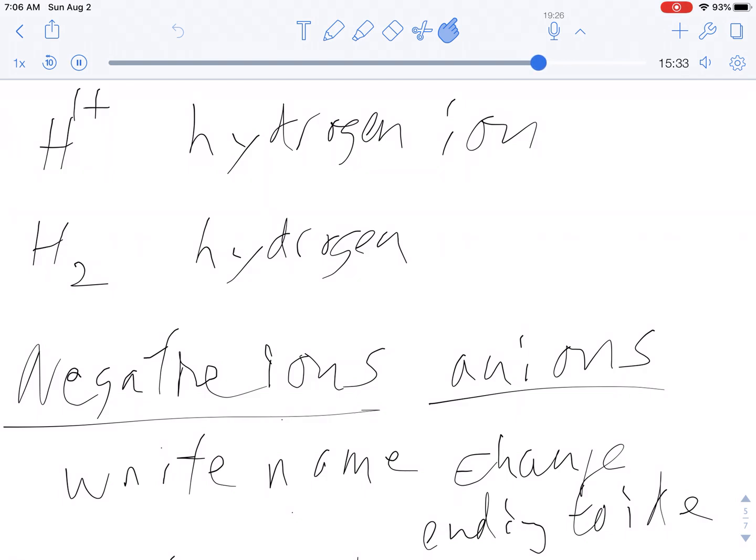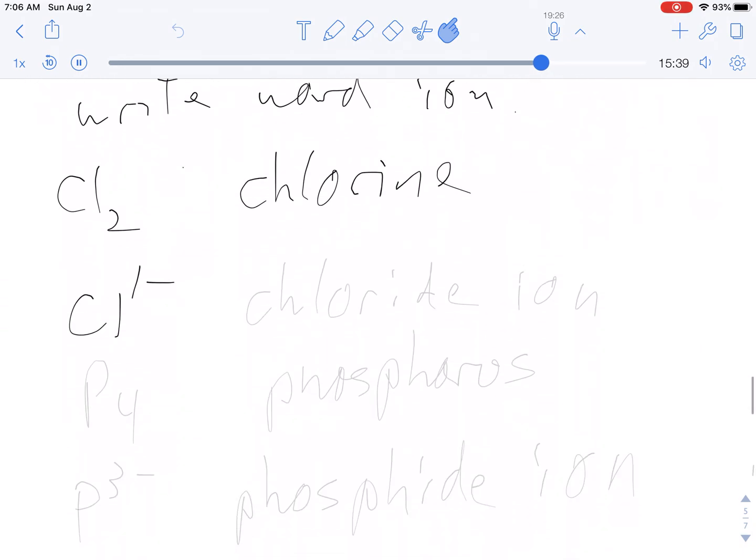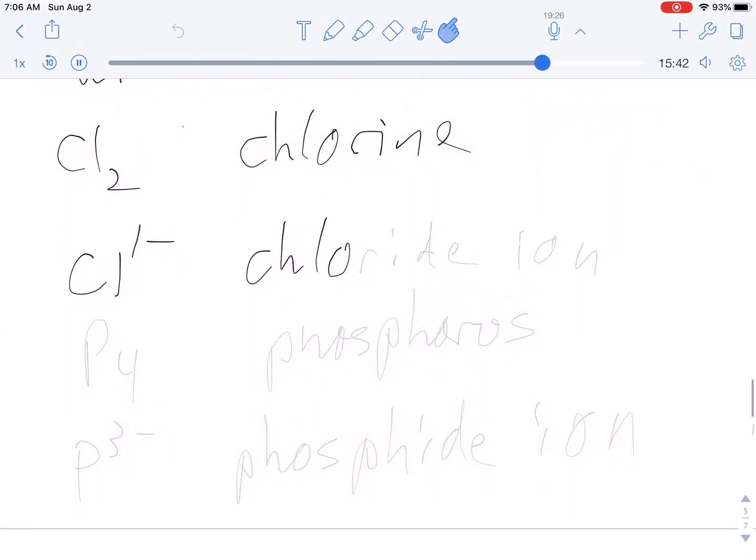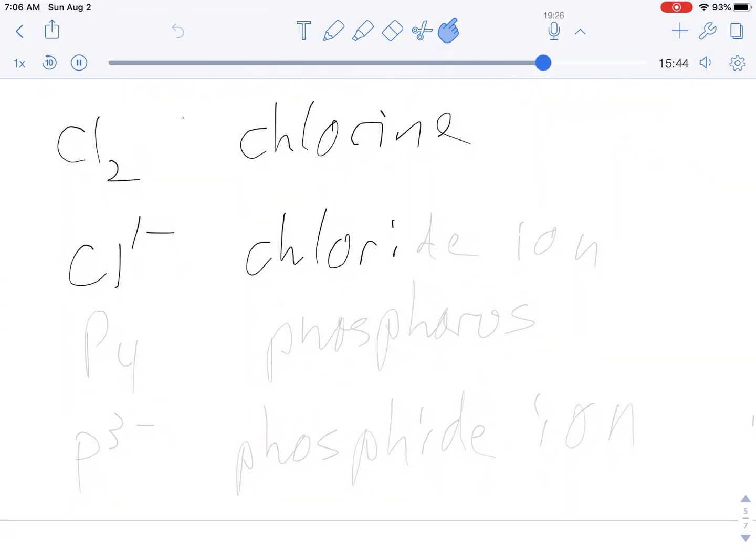It's one of the magic 7, it's diatomic chlorine. But what if we have this, Cl minus 1? Well, we write the name, chlorine, then we change the ending to IDE, and then we write the word ion. That's a chloride ion.